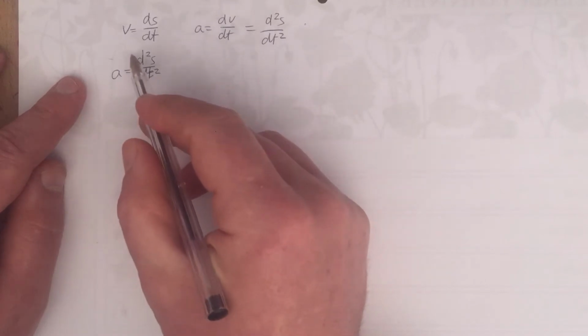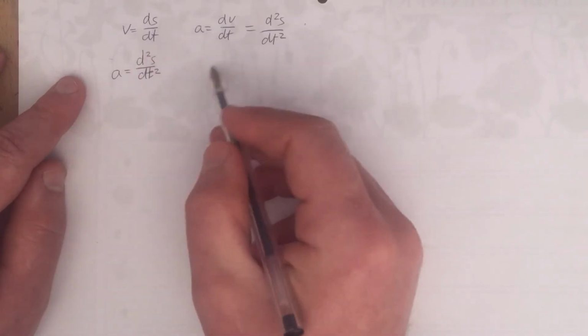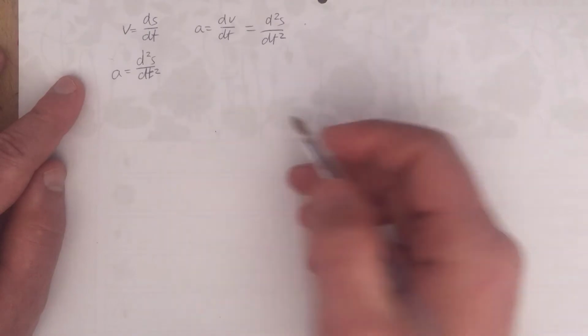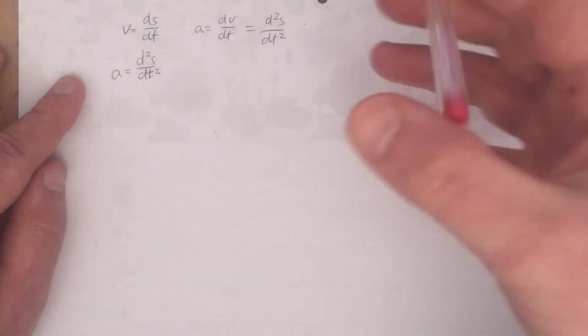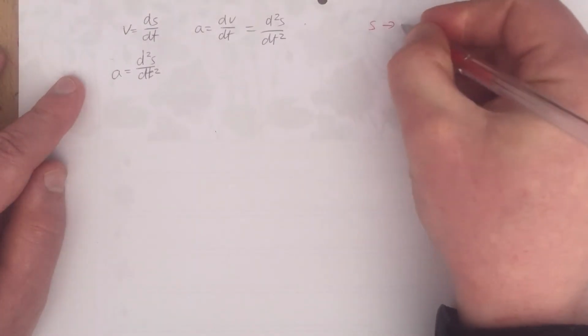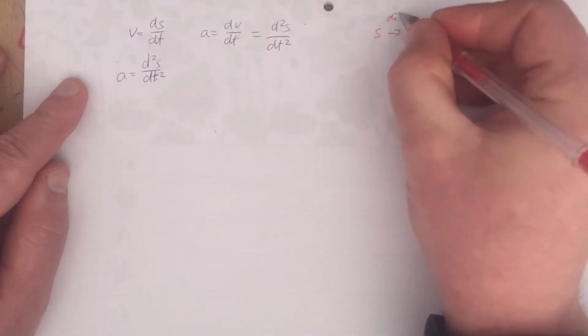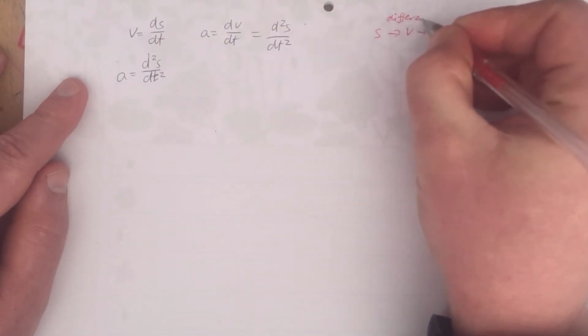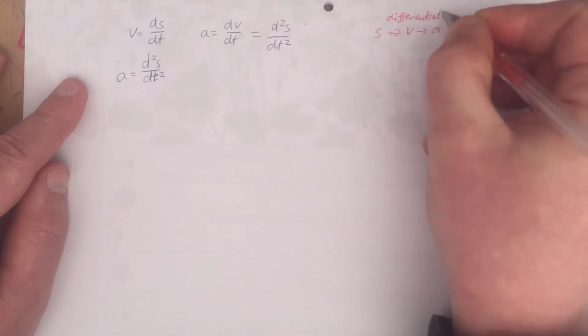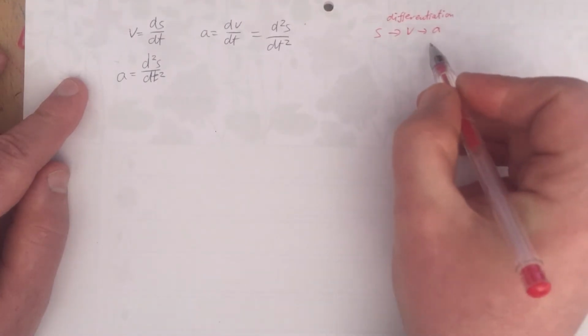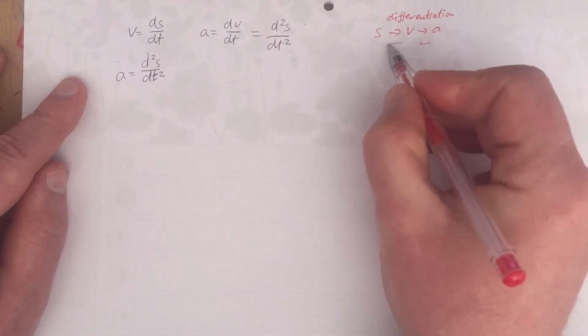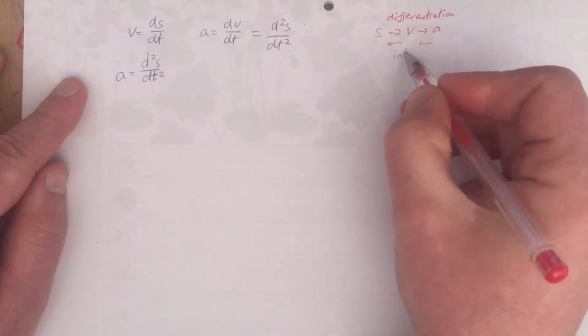Now remember, integration is effectively the backwards version of differentiation. So quite often I think of it as going s, v, a, like that. This is effectively differentiation. And then going back the way, from a to v to s, this is like integration.